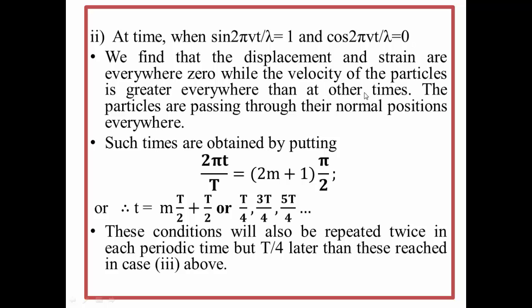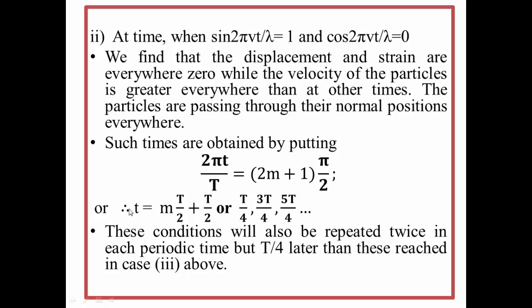Putting this in the initial equations, we find that displacement and strain are everywhere 0 while the velocity of the particle is maximum, that is, the particle is passing through the normal or mean position. Such times are obtained by putting 2πt/T equal to (2m+1)π/2.